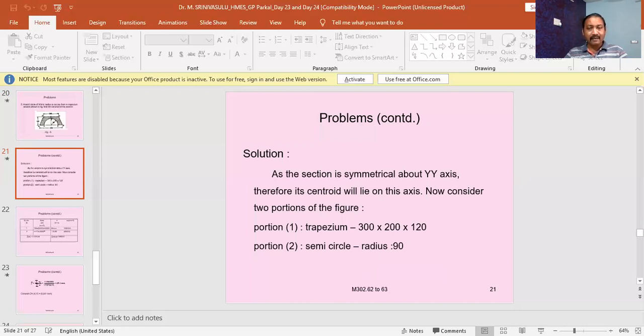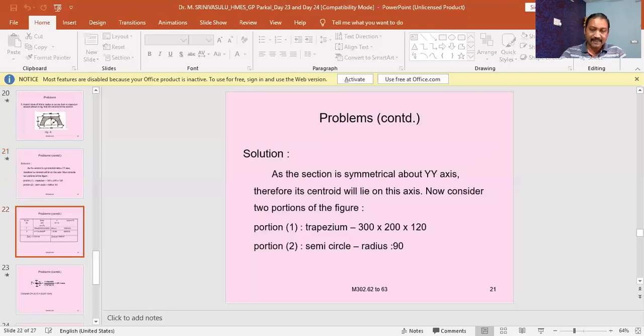The problem says portion 2 is cut out from portion 1, so we have to subtract portion 2 from portion 1 and accordingly find the centroid.